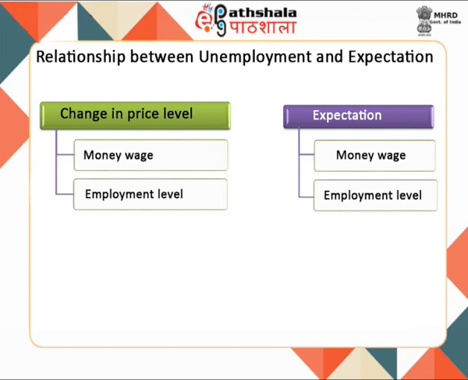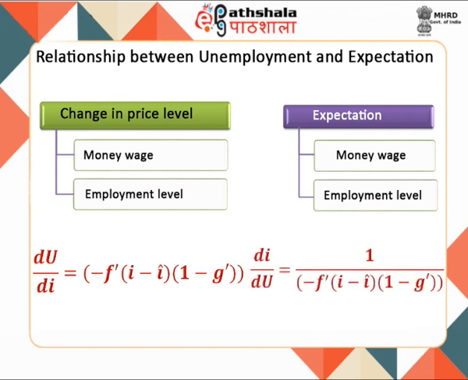That is, delta U upon delta I is equal to minus f dash (I minus I cap) multiplied by (1 minus G dash). Consequently, delta I upon delta U can be expressed as follows.